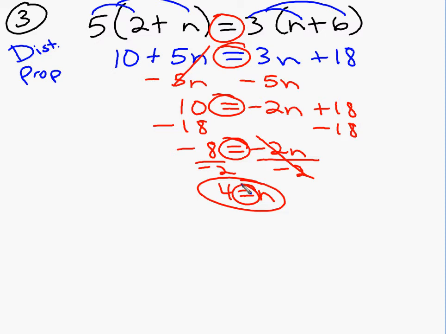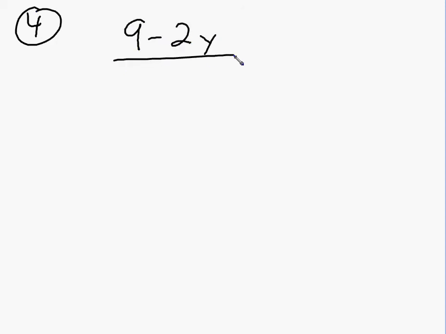All right, so it's important to show good steps. Here's our next example, one that you might see something like this tonight. 9 minus 2y over 7 equals y. Now right away you're going to notice that I have a y on both sides.